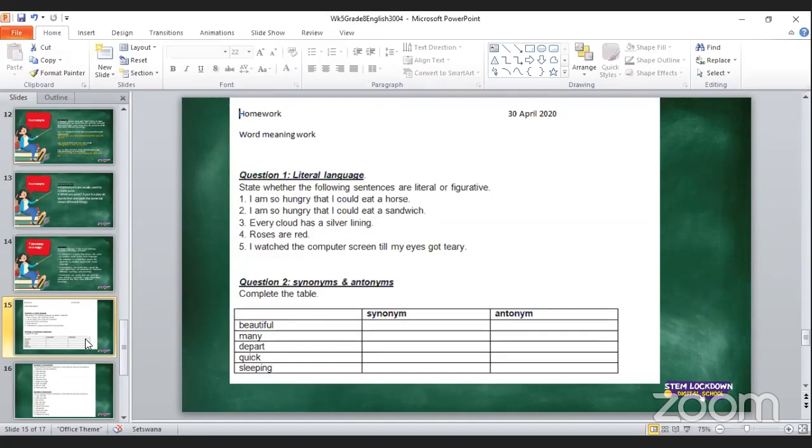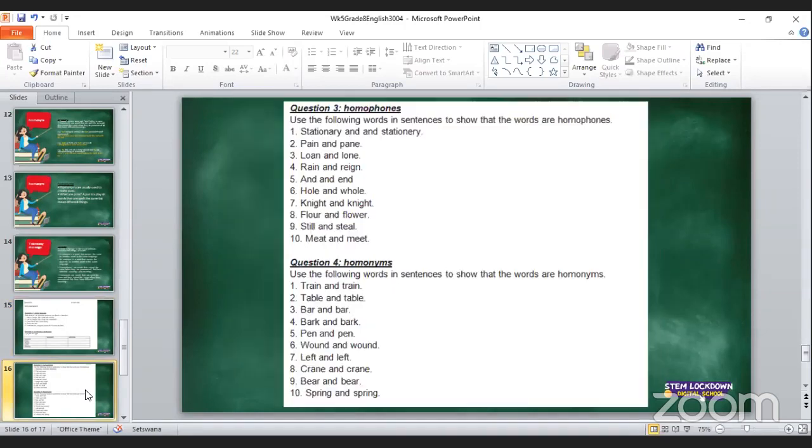Do it with your friends, let your parents help you, your siblings, anybody who can help you. That is our homework: four questions. Please do it and consolidate your understanding of what today's lesson was all about.